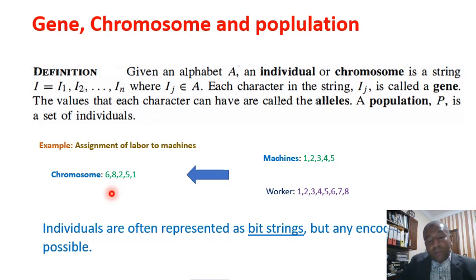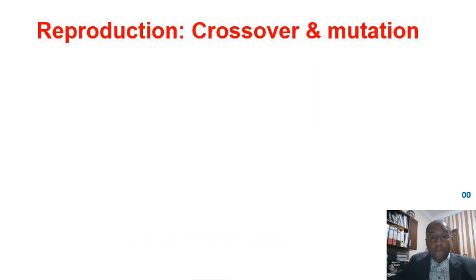So keep in mind that each individual, each solution of the problem, is represented as a bit string. What about how to reproduce, how to evolve? Reproduction is a basic mechanism of evolving into better generations from the initial generated population.